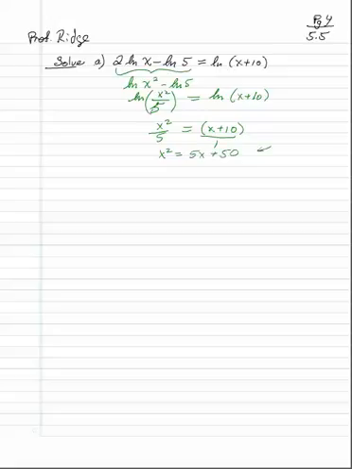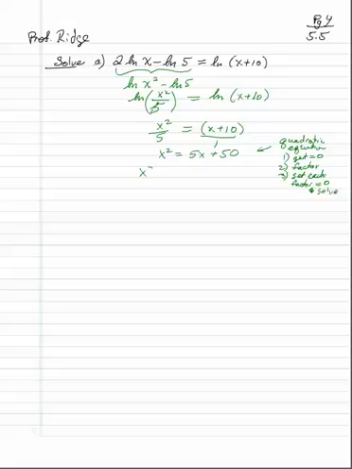This is a quadratic equation. So how are we going to solve this one? We can use the quadratic formula, or we can get it equal to 0, factor, and then set each factor equal to 0. So let's do a good review and solve.